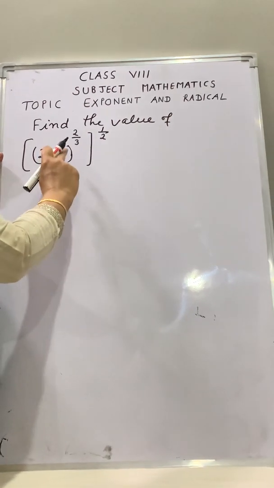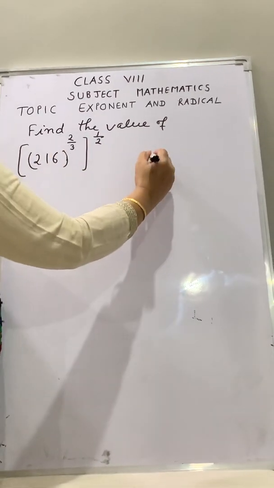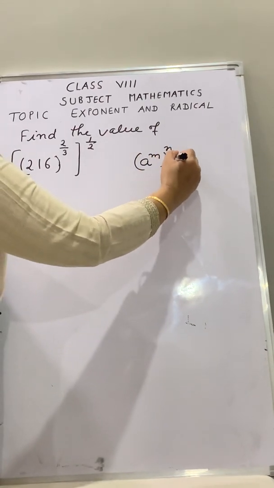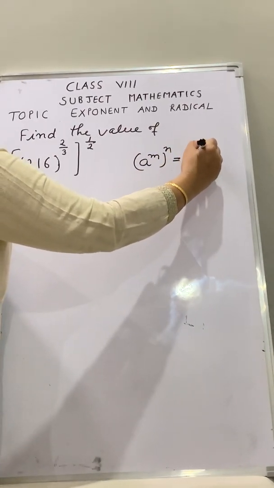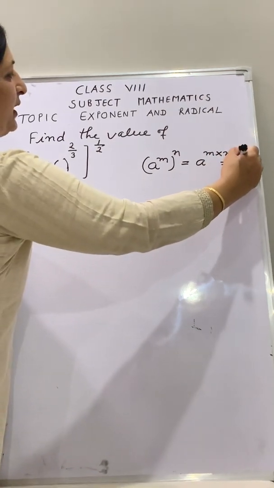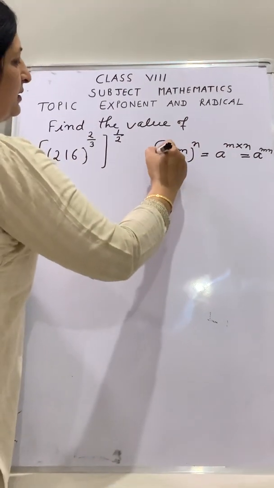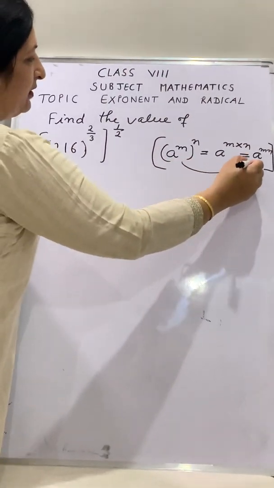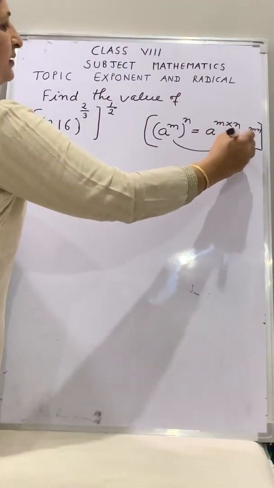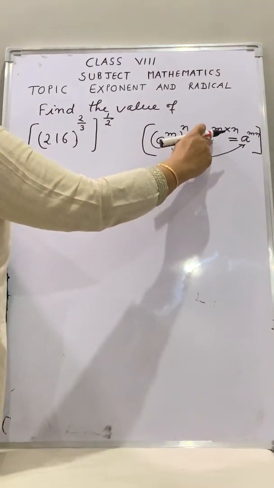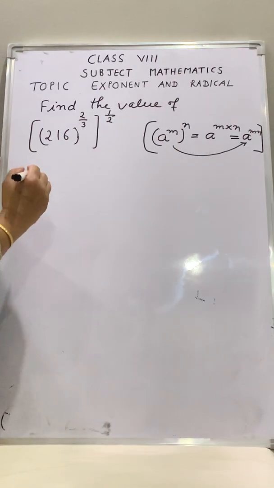Which rule do we apply here? a raised to power m whole power n is a raised to power m multiplied by n. It means a raised to power mn. You will write it directly. No need to write this here. You can write it or not as you wish.